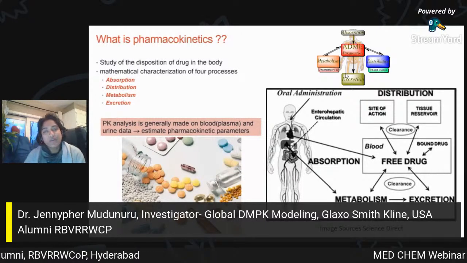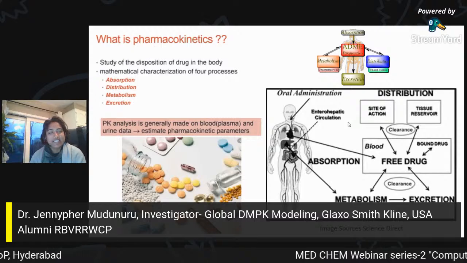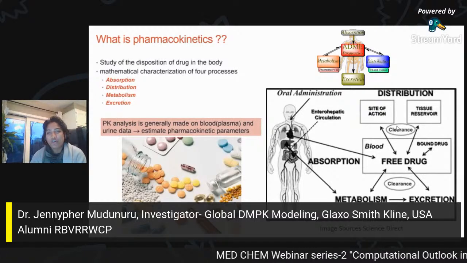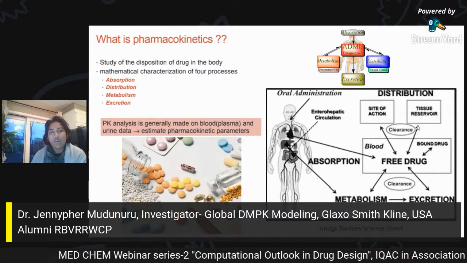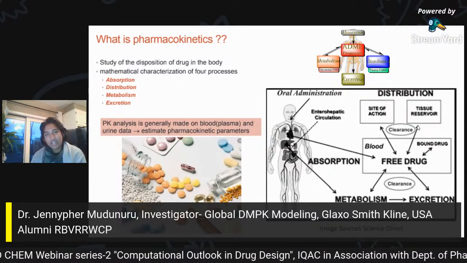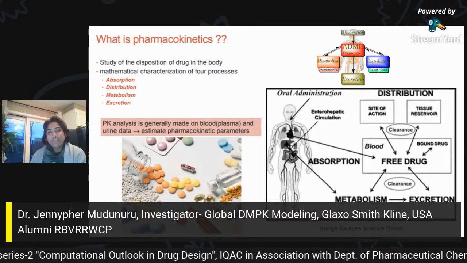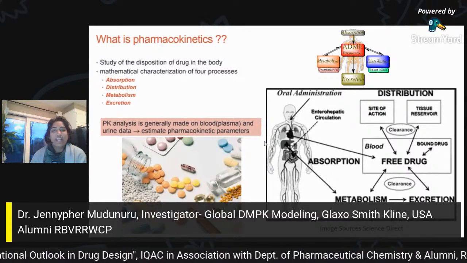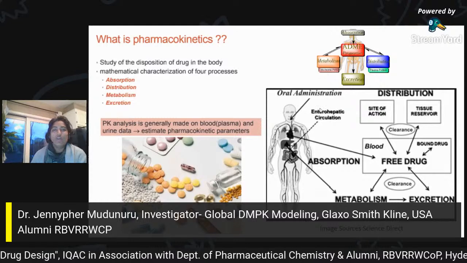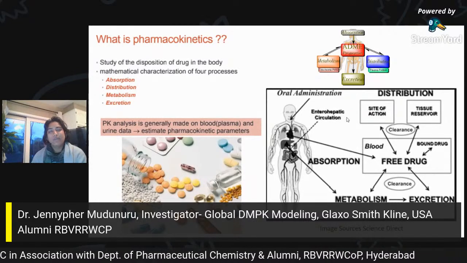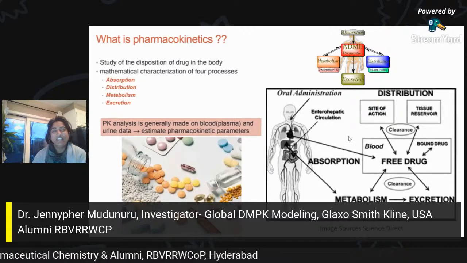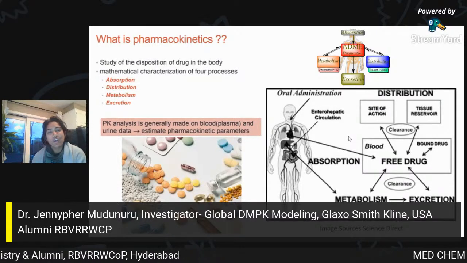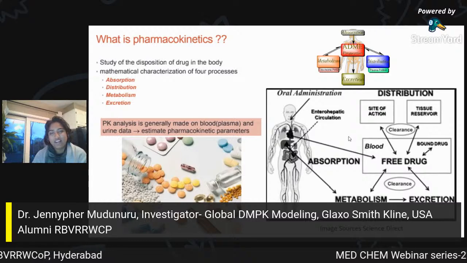This picture on the right side is a snapshot of what all processes we study or are important for pharmacokinetics. So if you take a drug orally or any other route of administration, oral route is the more complex one, because then you have absorption, enterohepatic circulation, which means it goes into the gallbladder and then comes back to the gut.